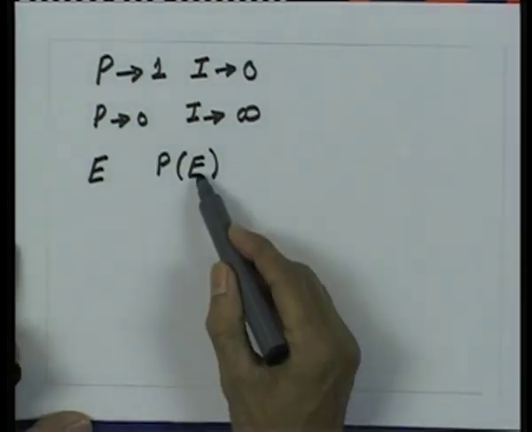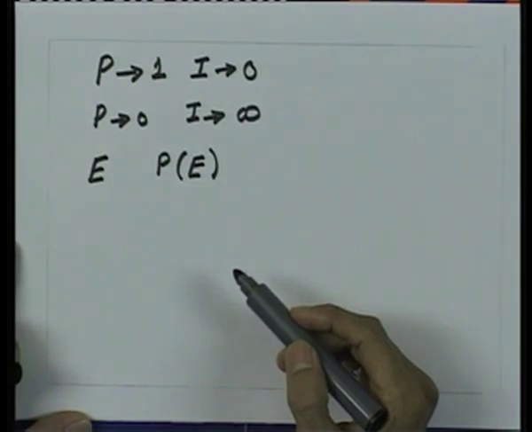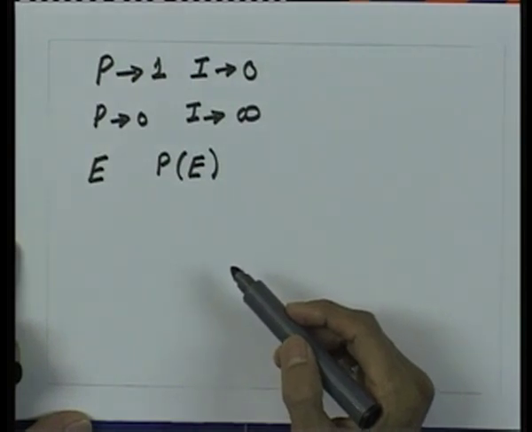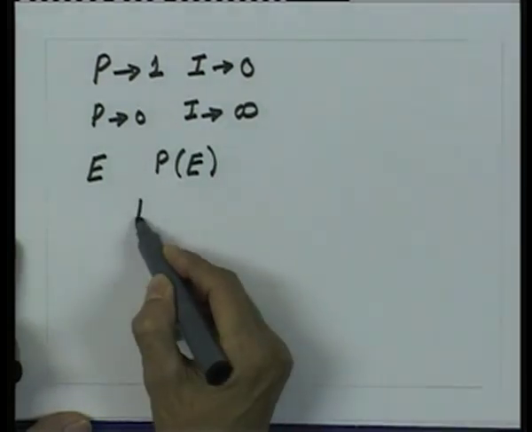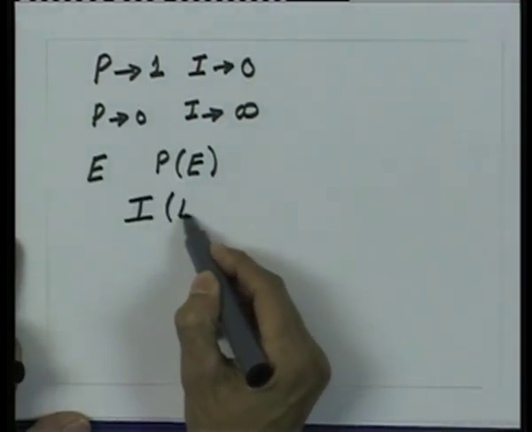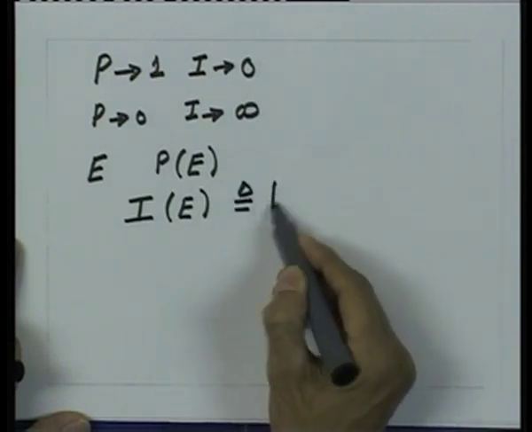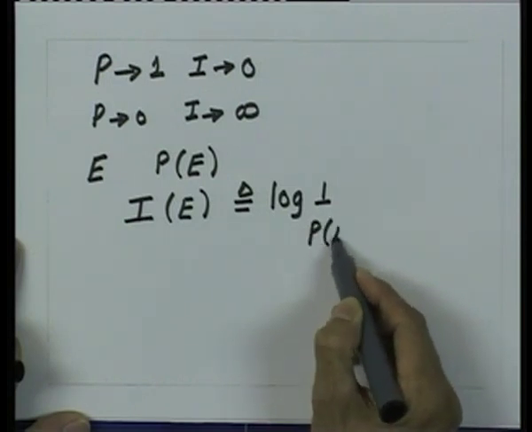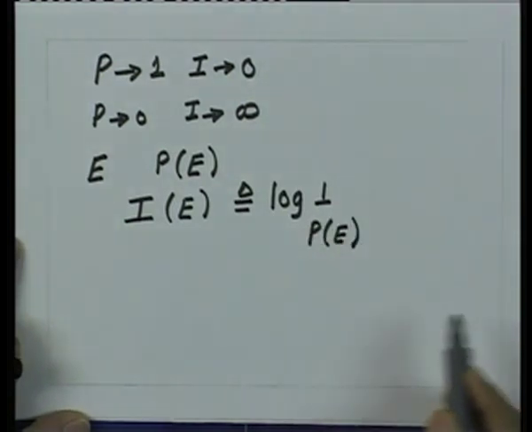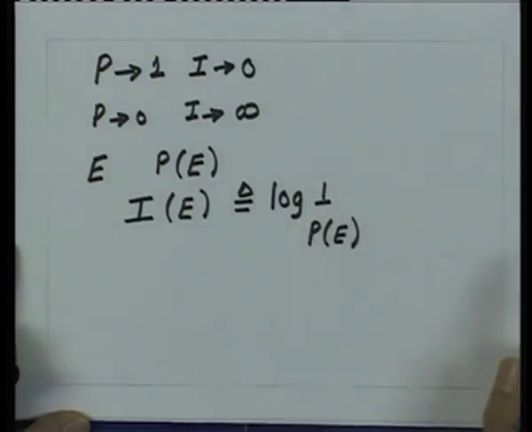Then, when the event E occurs, the amount of information which I get on the occurrence of the event E will be defined as I(E) is by definition log of 1 by P(E). I define using this relationship.